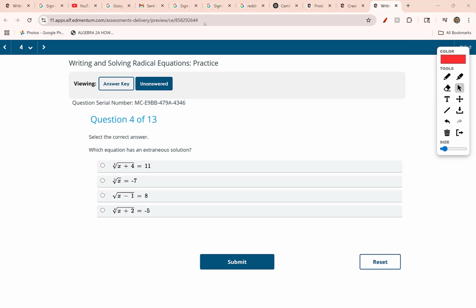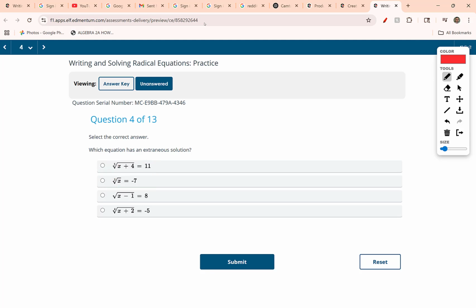A shortcut to this is really equations that have extraneous solutions are almost always even rooted equations. Meaning this one, the top two choices, this is a fifth root and this is a cube root. So notice this has an index of 5, this has an index of 3.